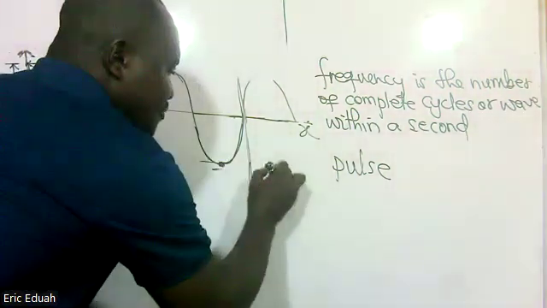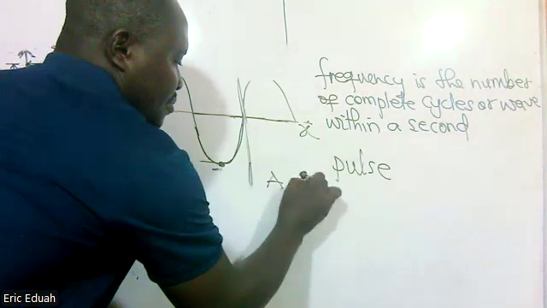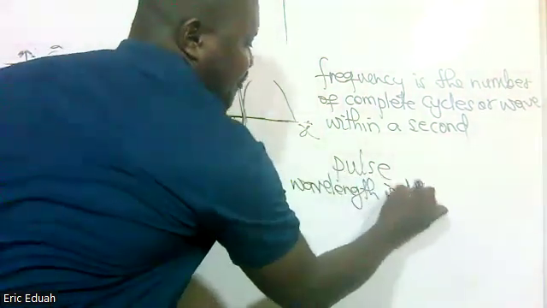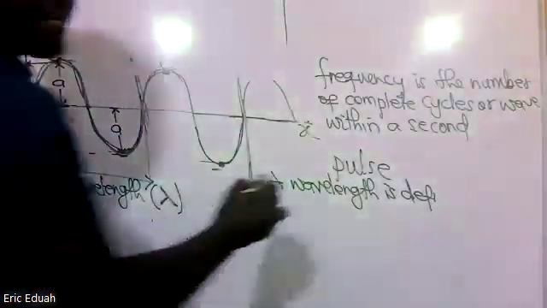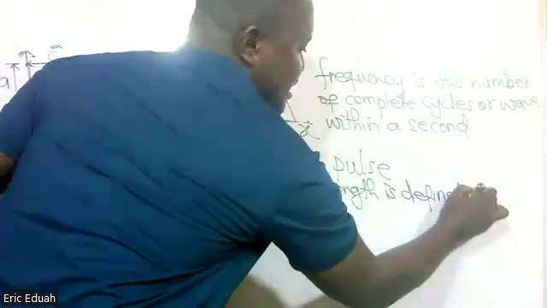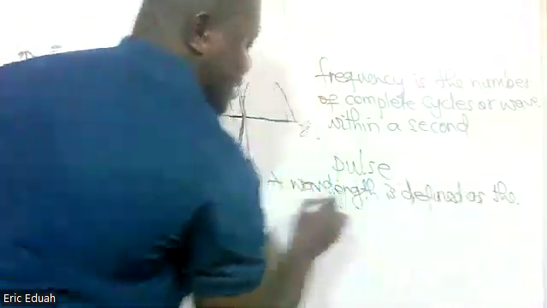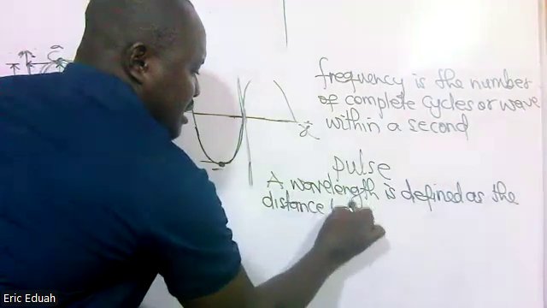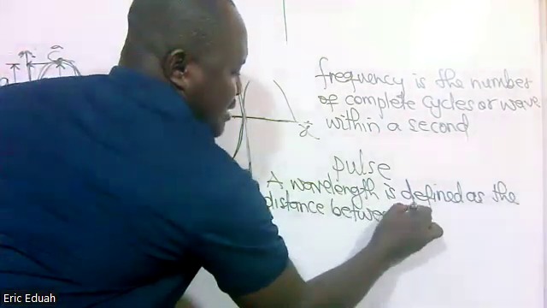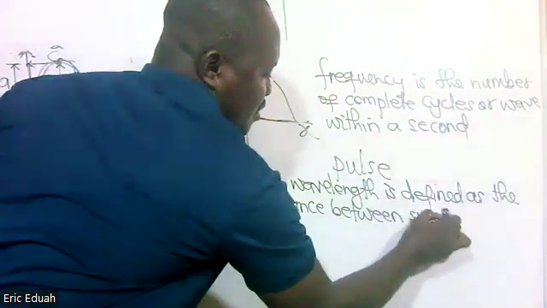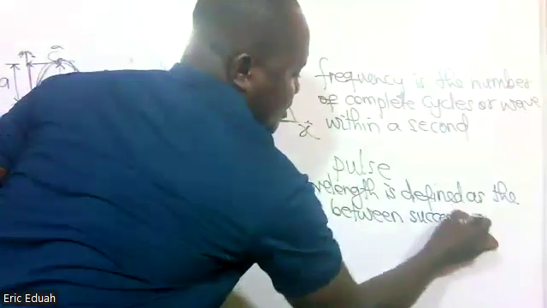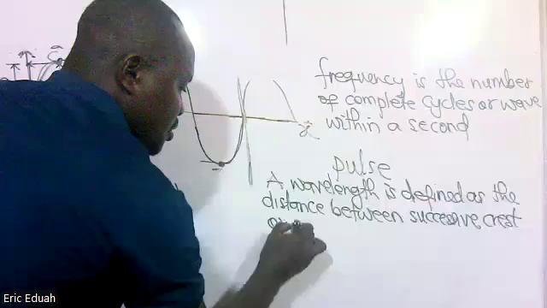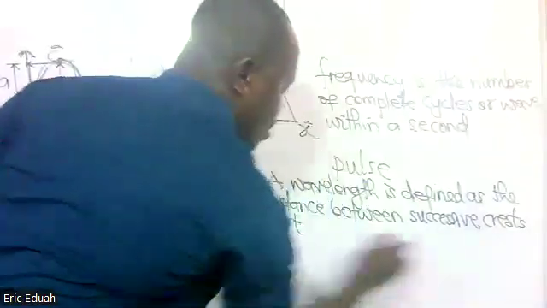So a wavelength is defined as the distance between successive crests or troughs. Crests or troughs.